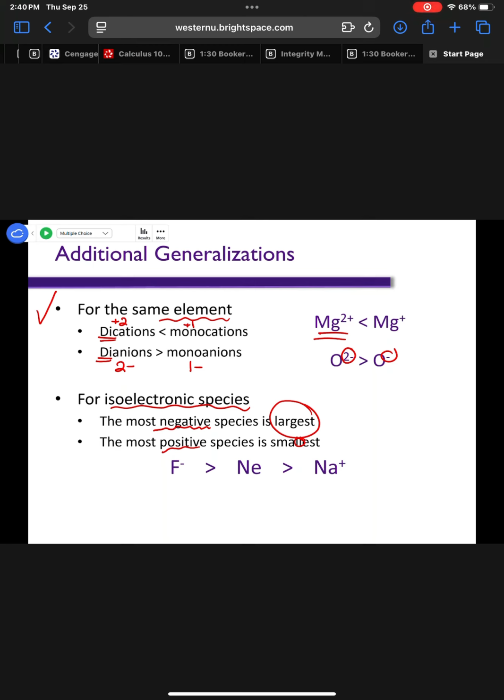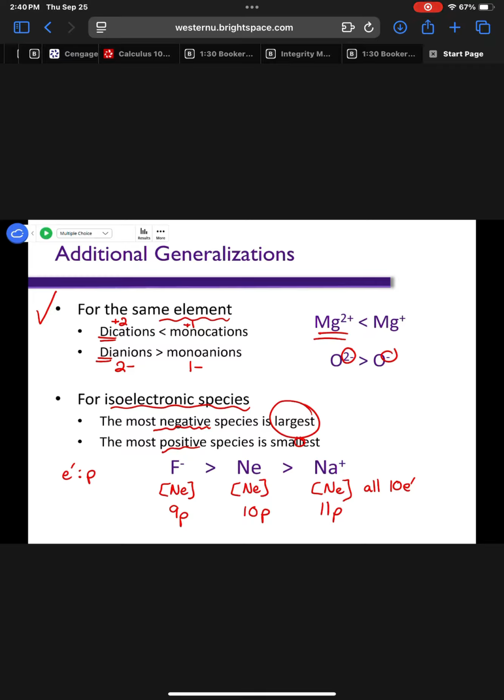Here I have fluoride, neon, and a sodium cation. All of these species have the noble gas electron configuration of neon. All of these have 10 electrons in the same orbitals. They have different sizes because their electron to proton ratio is different. Fluoride has 9 protons, neon 10, and sodium 11 protons.